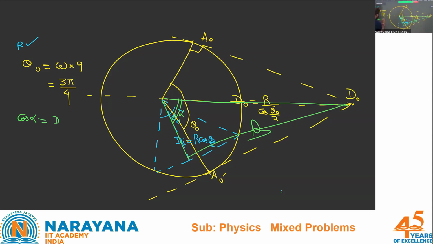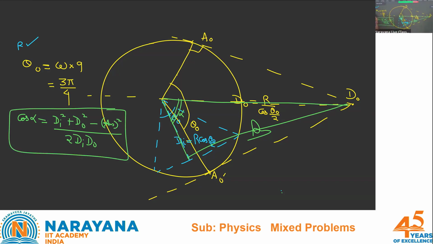Di square plus d naught square minus the required answer square upon twice of di d naught. This equation should help me find out my result. Di known, d naught known, r, theta naught, omega, all the parameters known. Only interest is to write the value of alpha. If I can write that, I think it will work out.